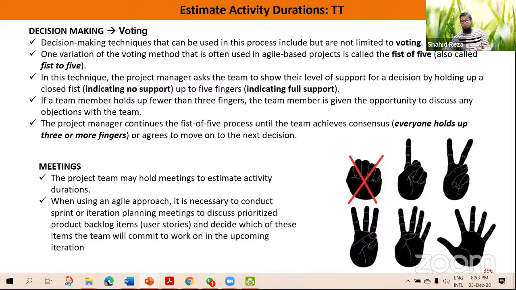By this way, in 1 or 2 iterations, you can take the final decision. So this is known as fist to five or fist of five, using only your hand and fingers. You might get one question from this because this is a new tool and technique.